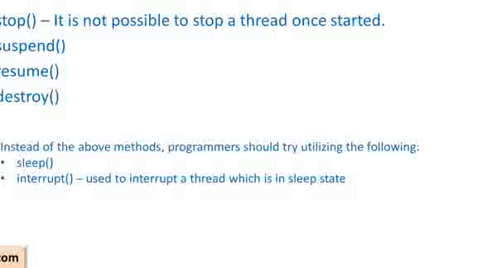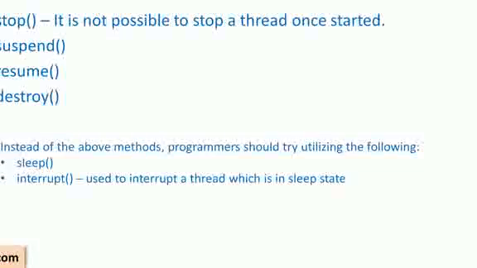These four methods are deprecated, and instead you should try using the sleep method or interrupt methods to halt the threads for some time, or if you want to really stop a thread from its execution, then you can straight away throw an interrupted exception in between.